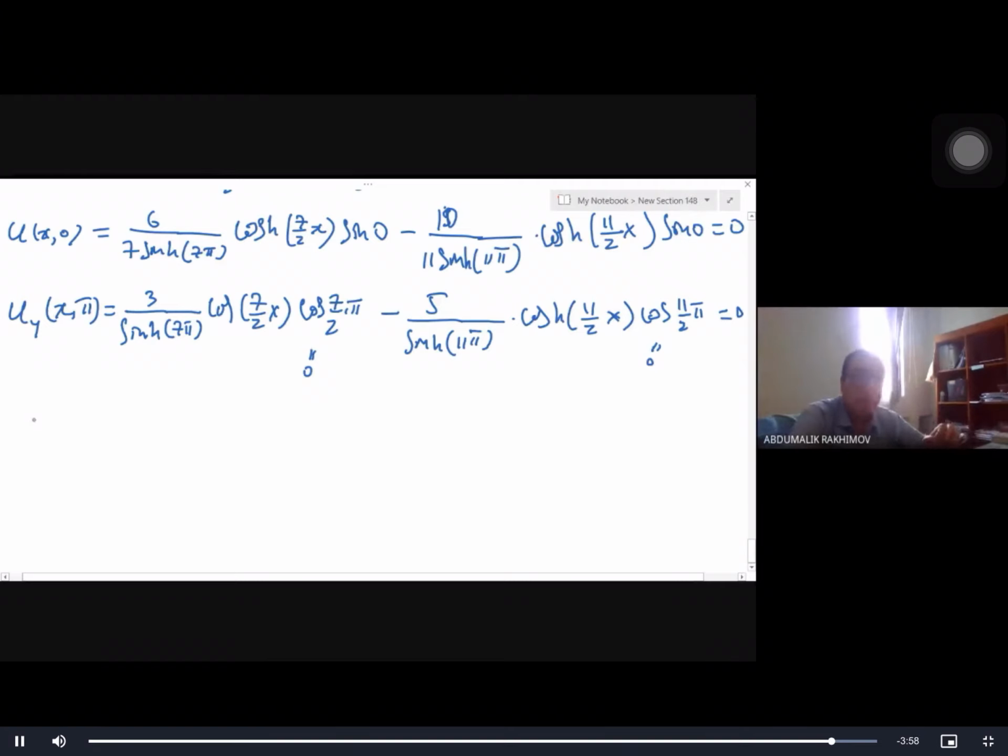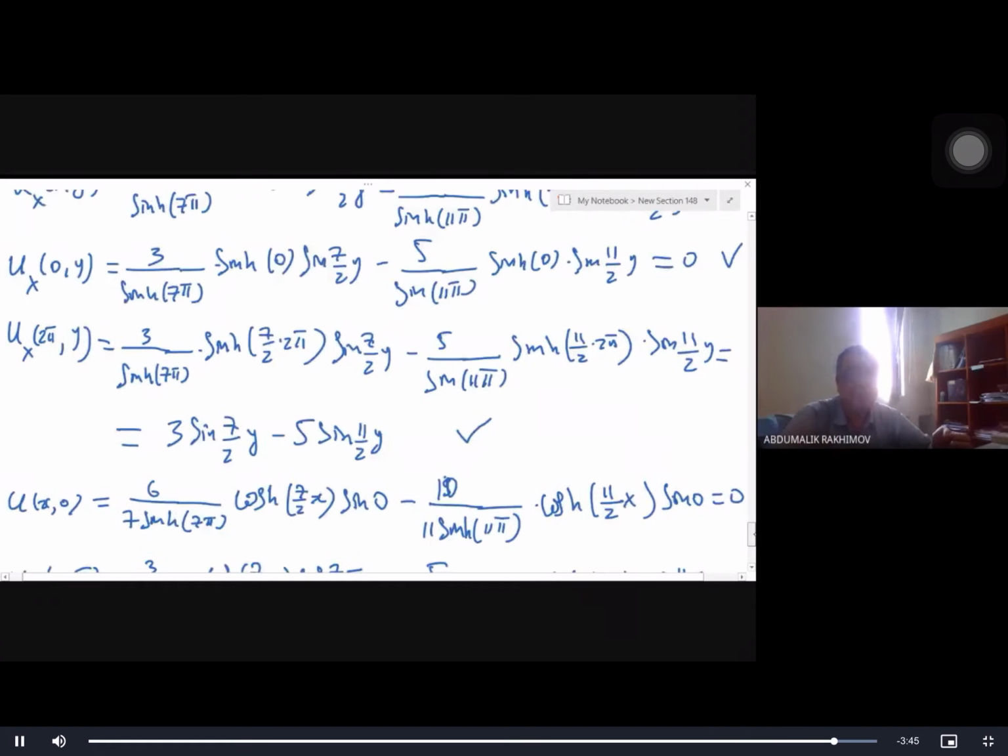Now the equation. For the equation I need the u_xx and u_yy, right? Let me find u_xx. It is the derivative of u_x, right?